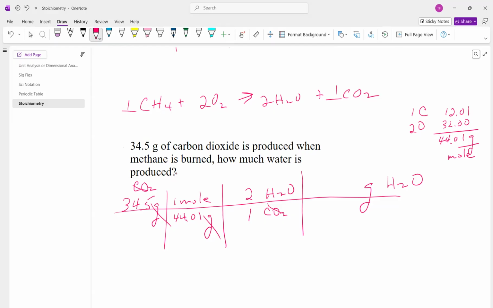We're going from mole to gram, so that's molar mass. So multiply everything on the top, everything on the bottom.